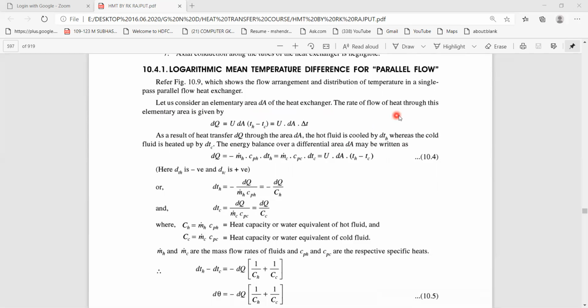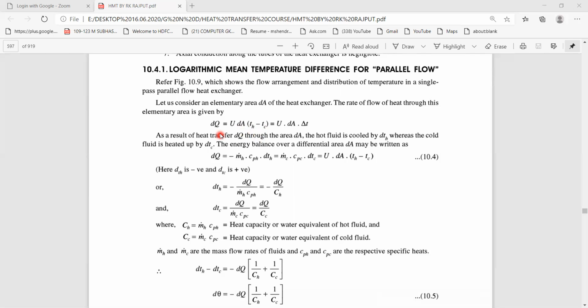The rate of flow of heat through this elemental area is given by, let me consider dQ as the rate of heat transfer within that element. It is given by U, the overall heat transfer coefficient, dA, a small elemental area, into TH minus TC, the temperature difference of hot fluid and cold fluid within that element.